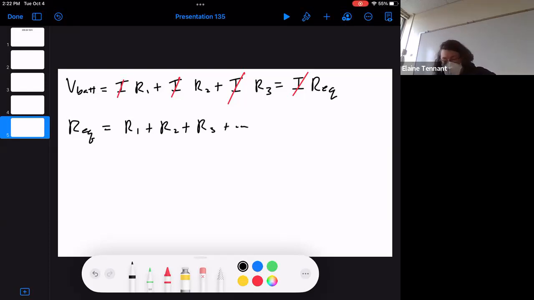Right, so I could add as many resistors in series as I like. And I would then shorthand this equation to say my equivalent resistance is just the sum of all my resistors. What sort of units should I put on my resistance? Ohms. Okay, and I'm just going to note that over here that these are ohms.